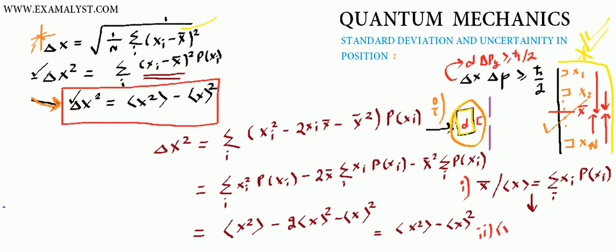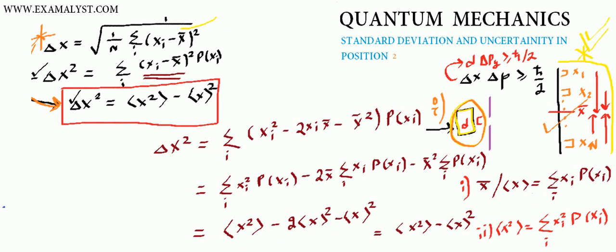So the expectation value of x square will be, this is the second part, summation over i, xi square multiplied with probability xi. Agreed? Everything is clear by now?